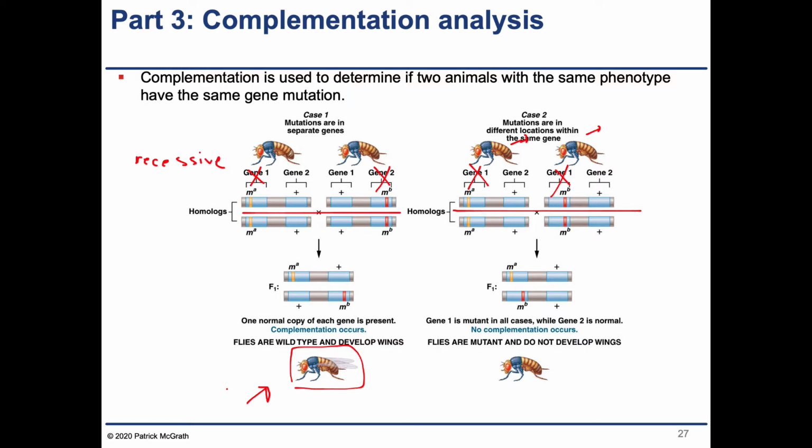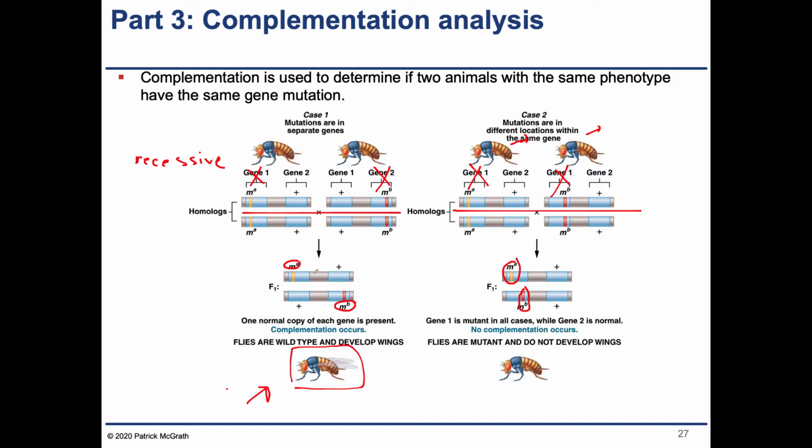You create an F1 cross between these two. So this fly is homozygous, so it has to supply one of these copies. This fly is homozygous, so it has to supply one of these copies. And then the same situation is here. So we've created an F1 that has one of the mutants on one chromosome and then the other one on a different homologous chromosome.